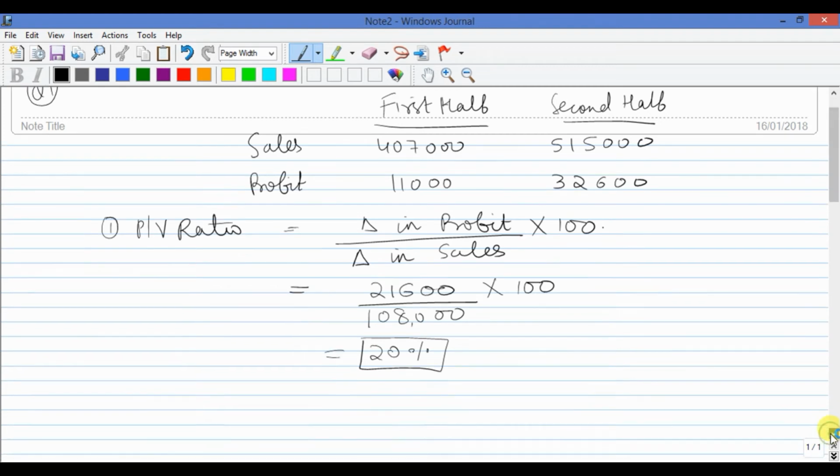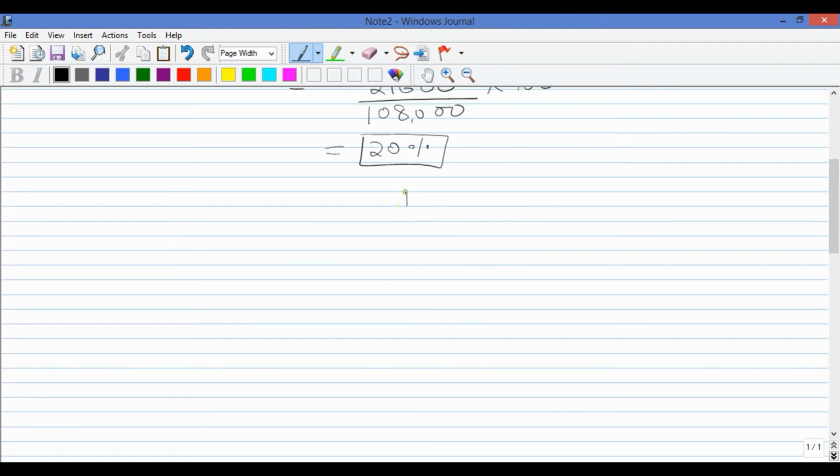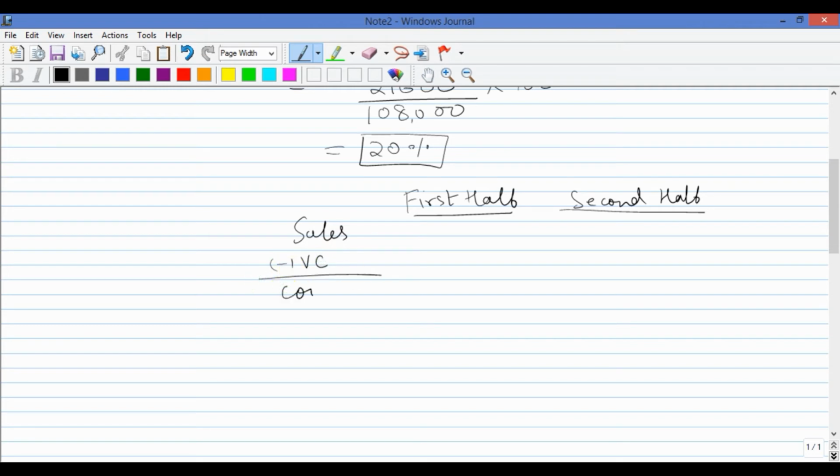Now I am in the position to fill the table. This is the first half, and this is the second half. Then we have our table as sales minus variable cost will give you contribution, minus the fixed cost is going to give you profit.